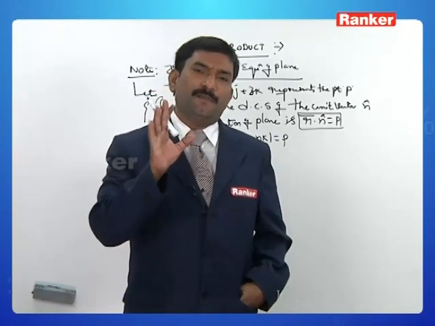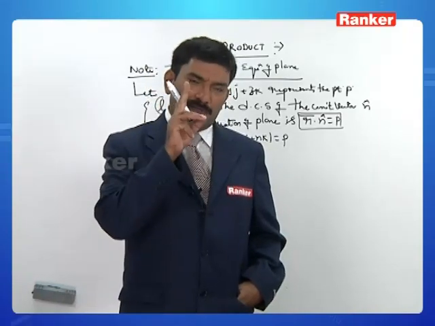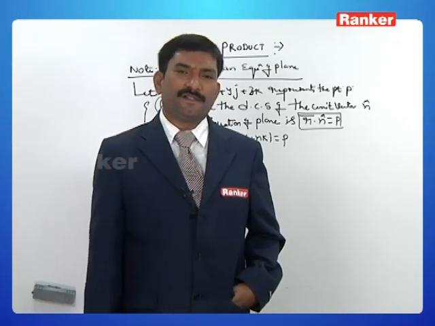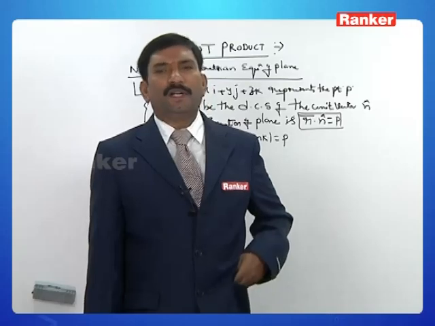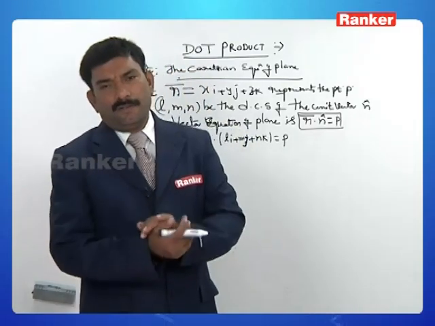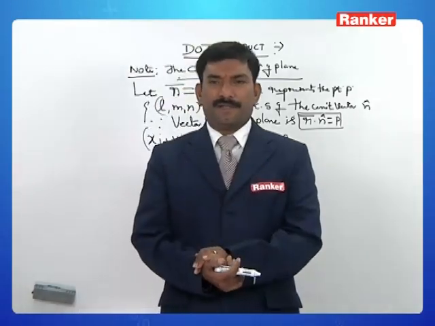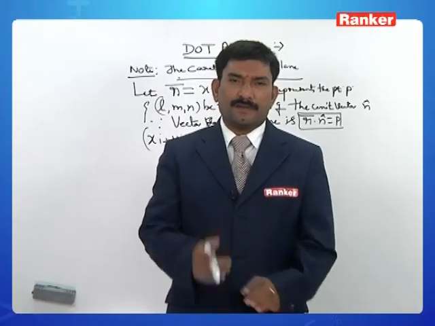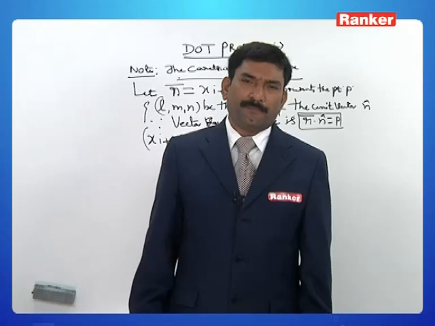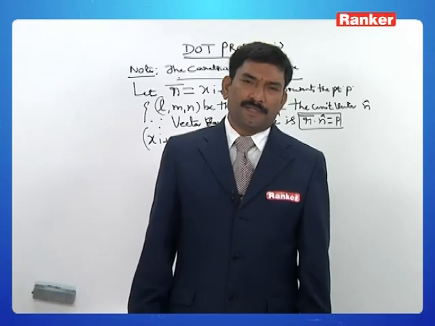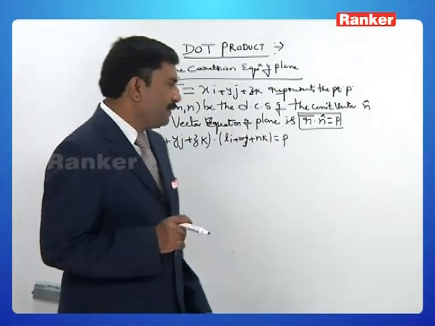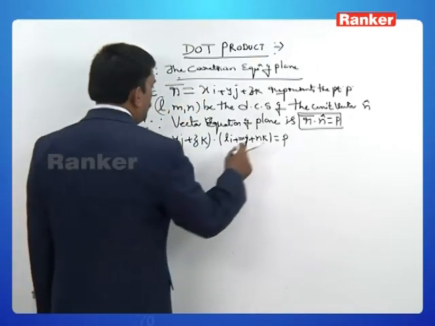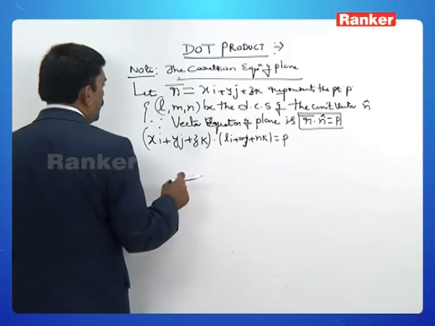What's the modulus of li plus mj plus nk? Modulus is 1, since l, m, n are the DCs of a vector. We know that when l, m, n are the DCs of a vector, l square plus m square plus n square is equal to 1. So therefore, now li plus mj plus nk dot with r bar is equal to P. Take the dot product.